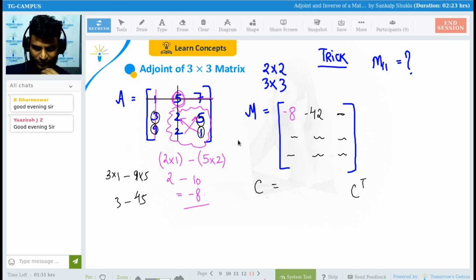Sir, we should not take the first row and first column; we should multiply 2 and 1 minus 2 into 5. I'm asking you about the way: in which step are you asking, while finding the minor or while finding the cofactor? Minor, sir. So what is the problem?